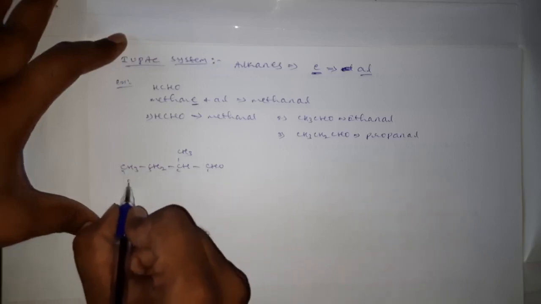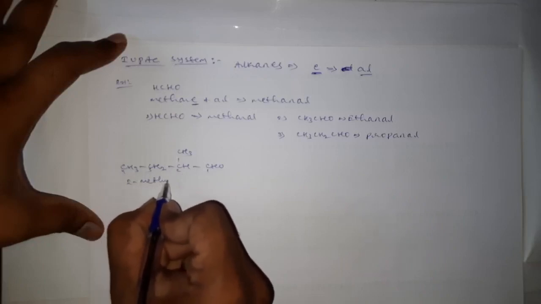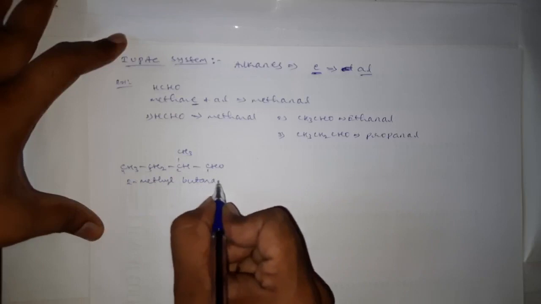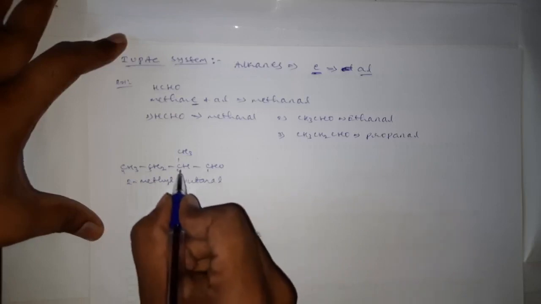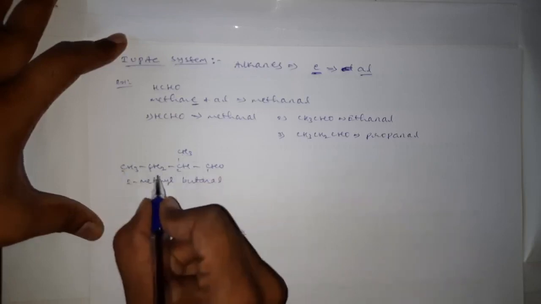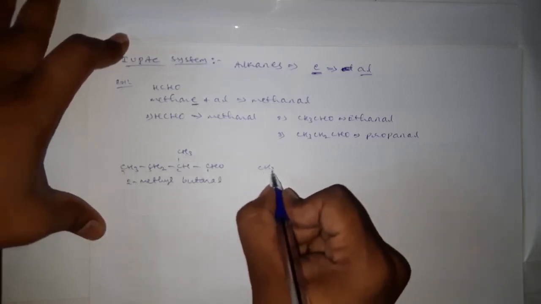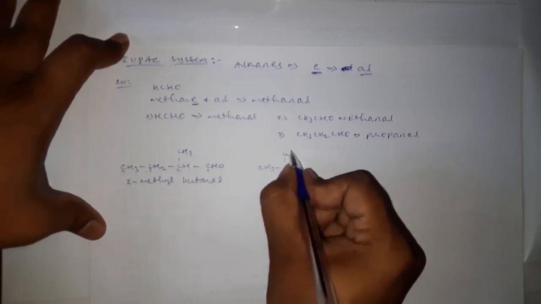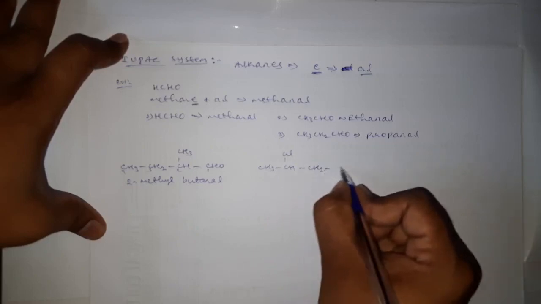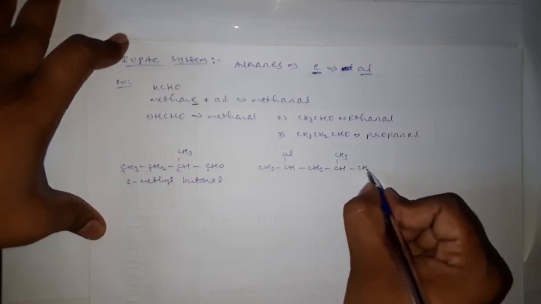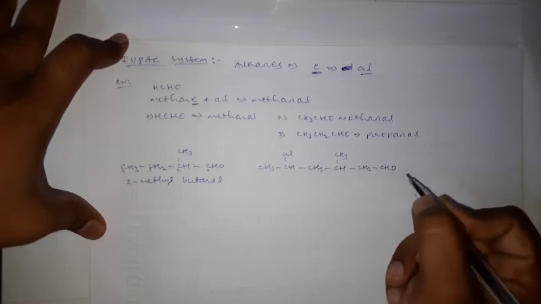On the second carbon, a methyl substituent is there, that is 2-methylbutanal. Or we can take CH3, CHCl, CH2, CH(CH3), CH2, CHO.